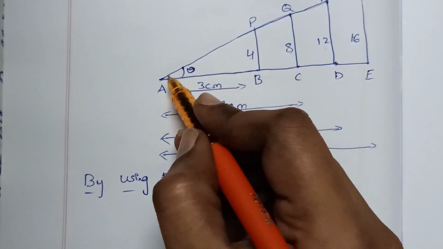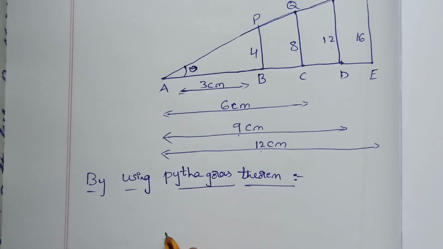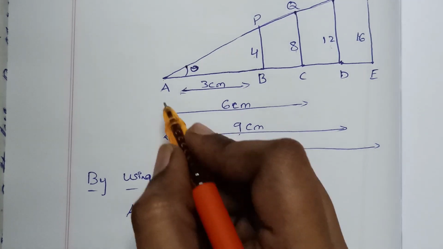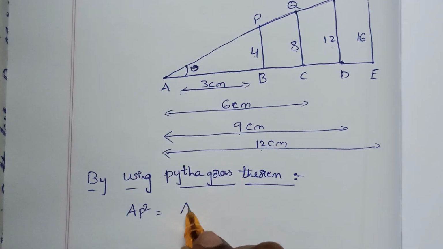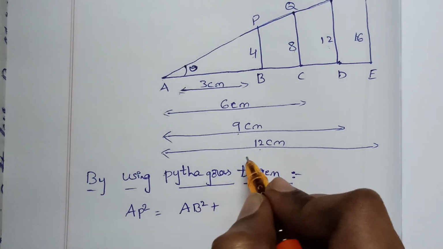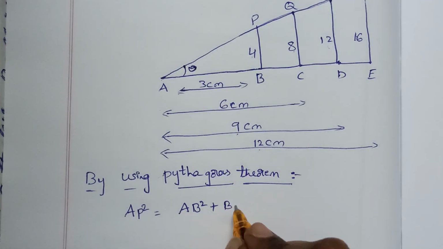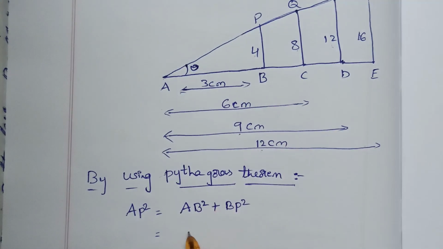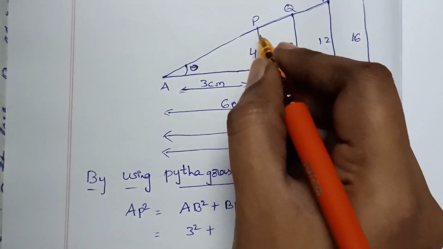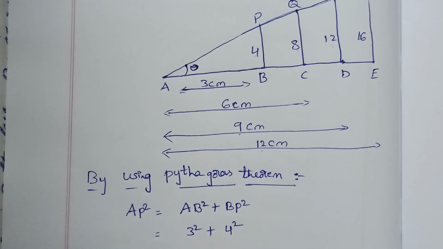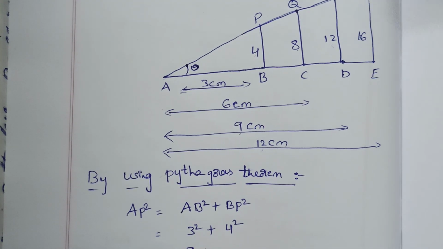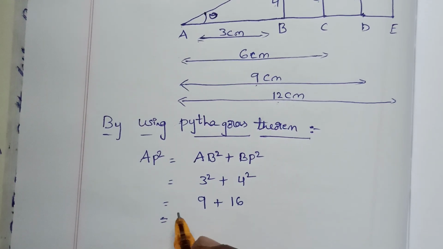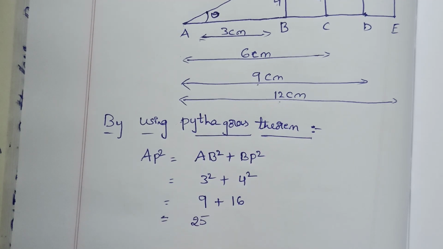First, take this triangle. AP square equal to AB square plus BP square, that is equal to 3 square plus 4 square, that is 9 plus 16 is equal to 25.